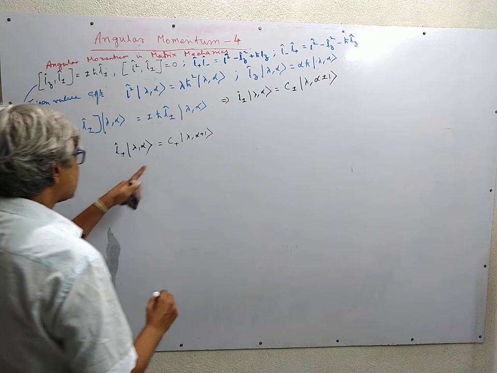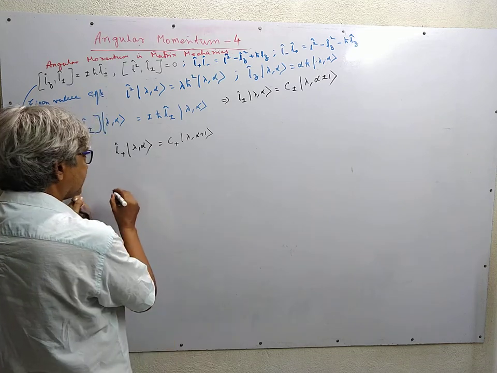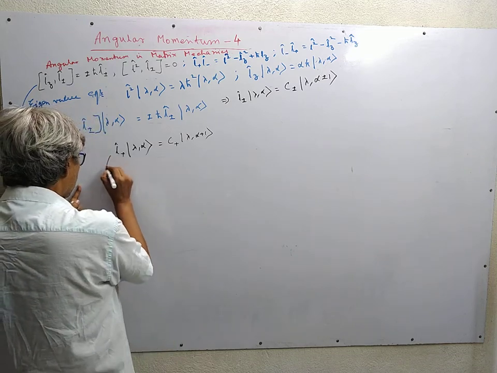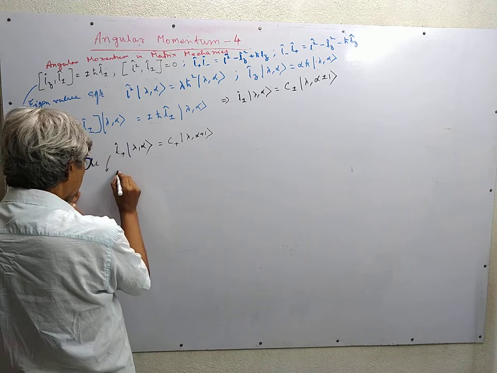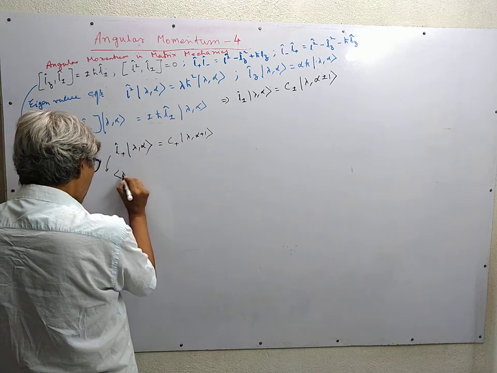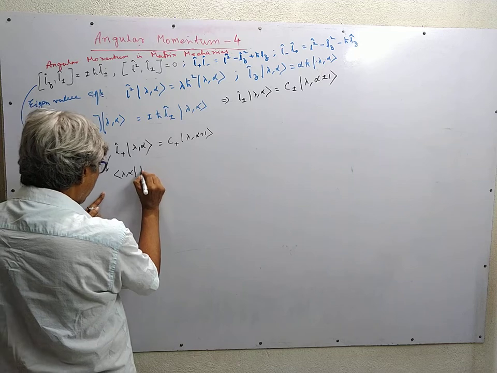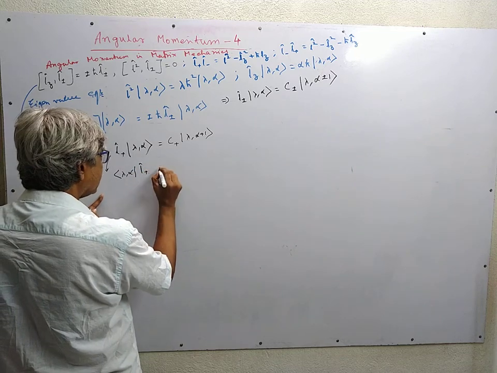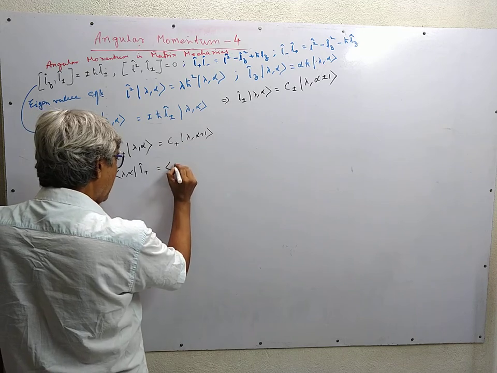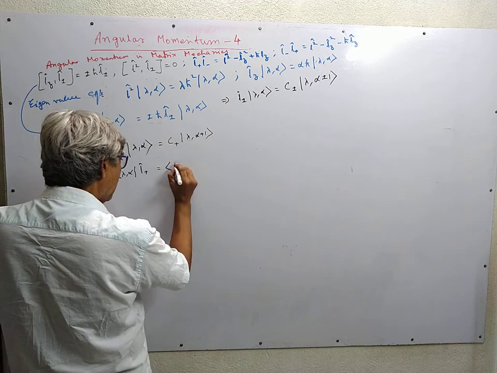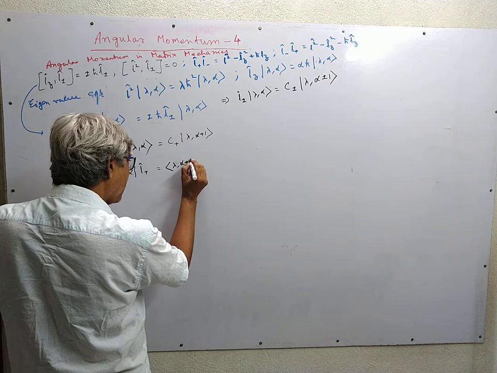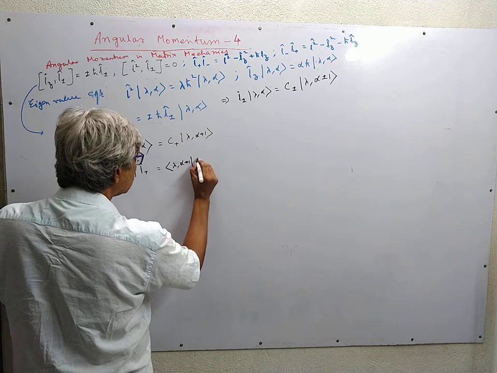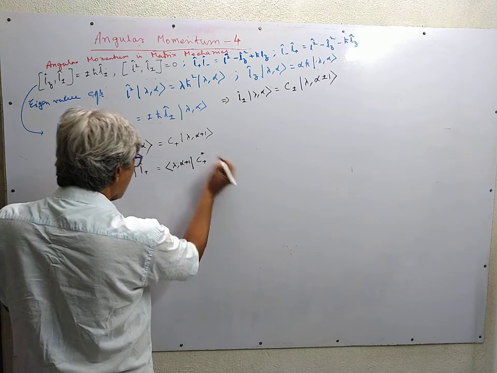And if we take the Hermitian conjugate of this relation, it is lambda alpha L plus dagger is equal to lambda alpha plus 1 C plus star.